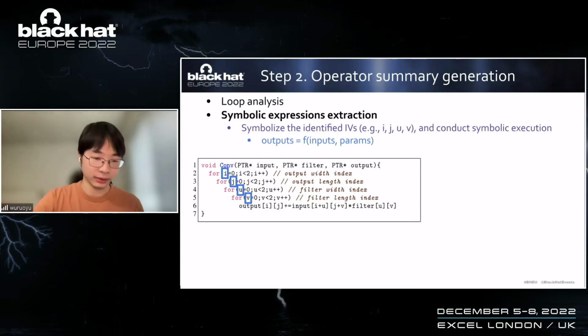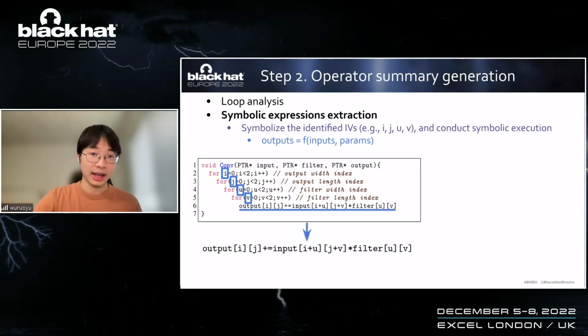We define output as the memory write of this function, and input as the memory read. In this way, we can use an expression to capture its semantics. For this easy example, after this step, we output a symbolic expression like the one shown at the bottom of this slide.